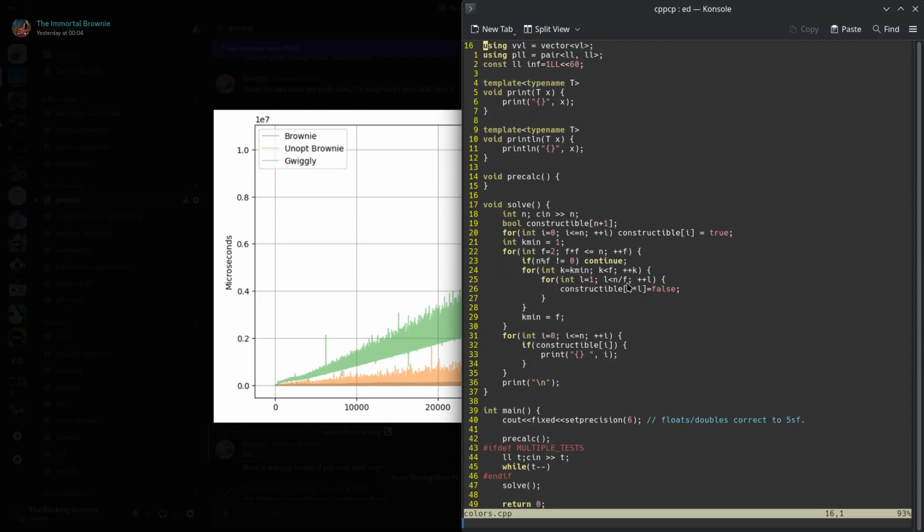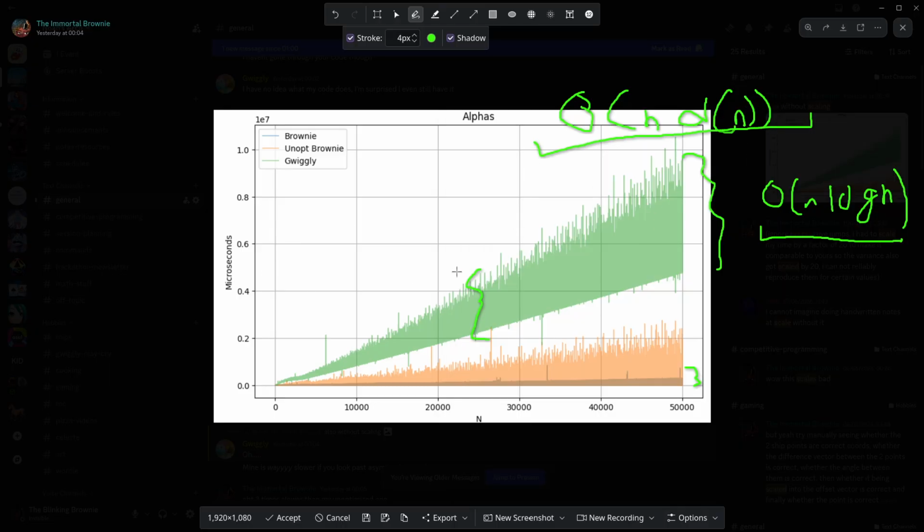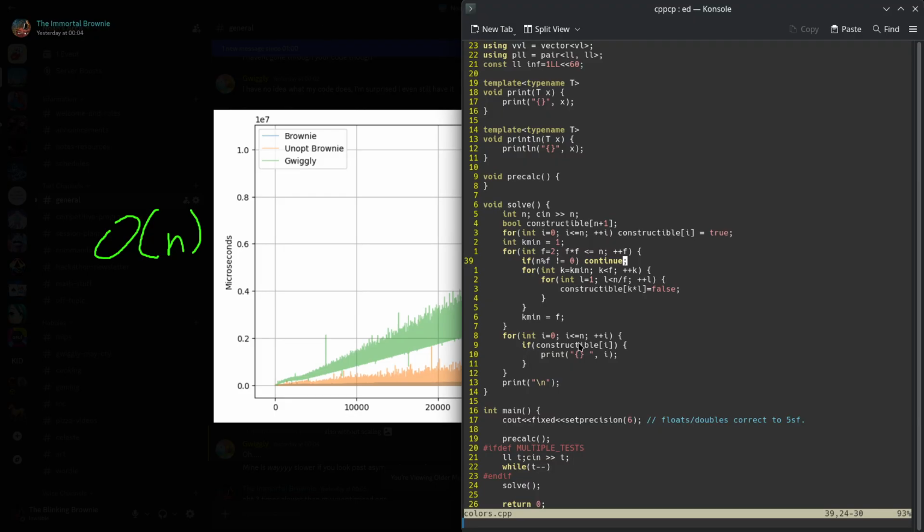If we look at the code now, remember, how did we analyze it previously? Previously, for every factor, of which there are d of n, it took O of n for every single factor, because here it was just 1.